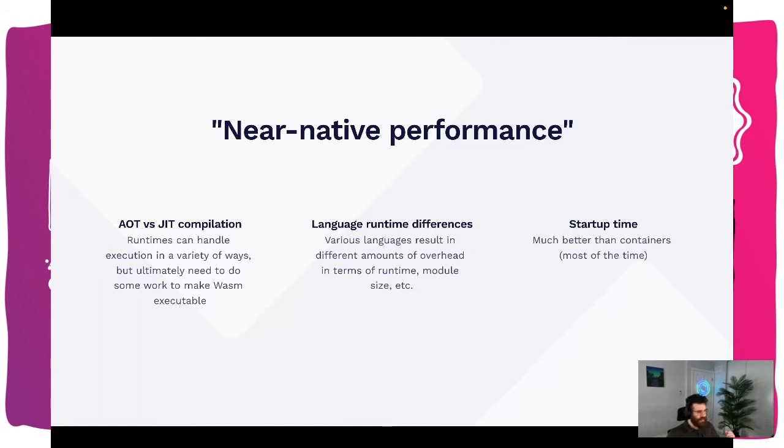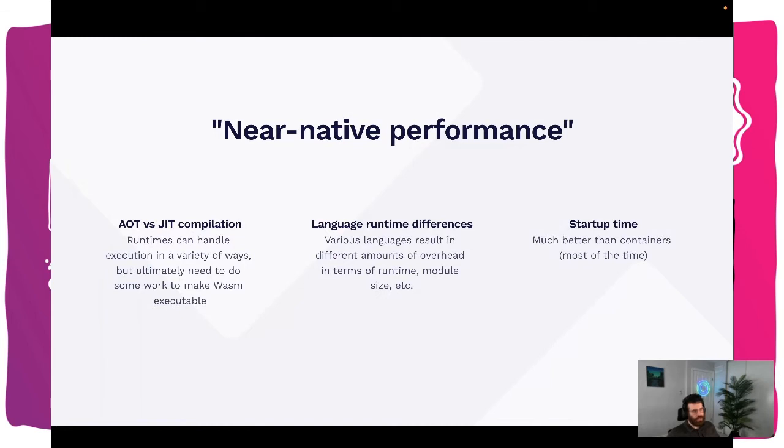However, this can vary depending on the programming language, the WebAssembly runtime, and a bunch of other factors. One of the important things to note is that a WebAssembly runtime can execute WebAssembly code using ahead of time or just in time compilation strategies. And this can change the performance characteristics of your application.